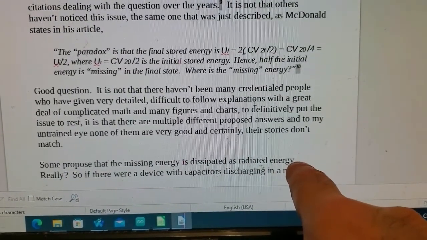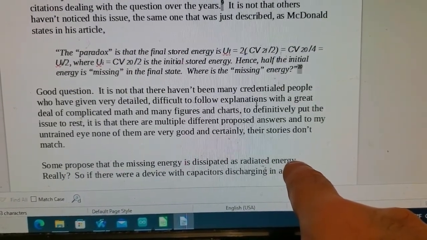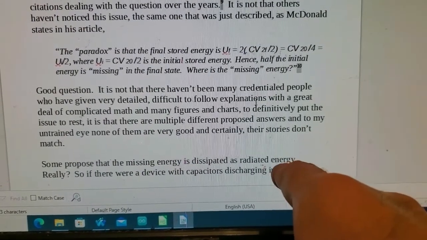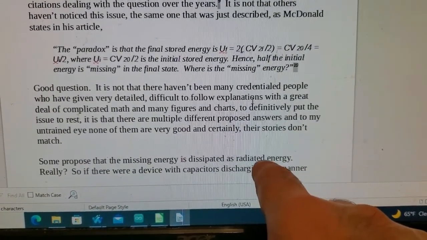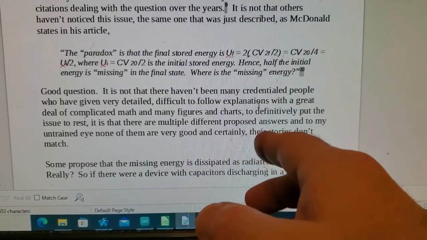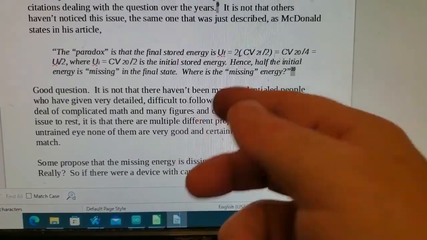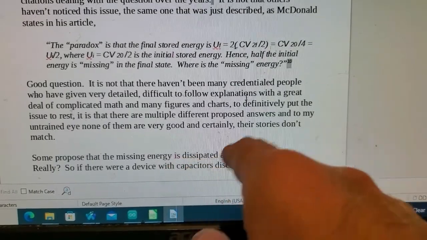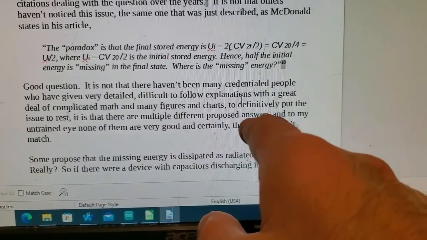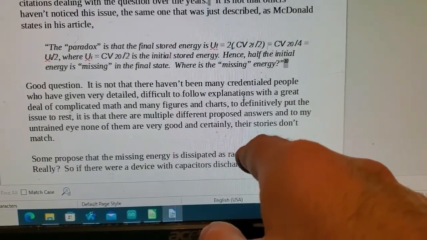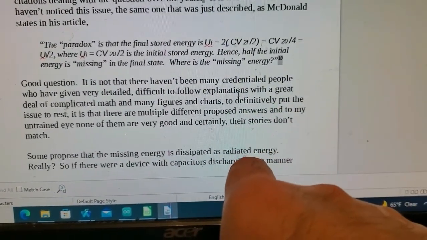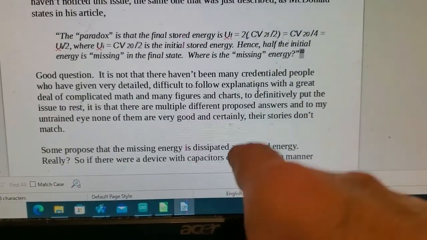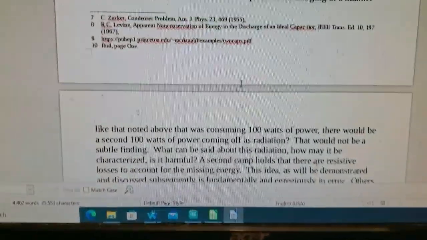And my question then would be, what can you tell me about this radiated energy? Is it dangerous? If 90% of the energy is being radiated, there must be some way to measure it, to quantify it, to say what it is. Where is it? So that doesn't make a whole lot of sense.